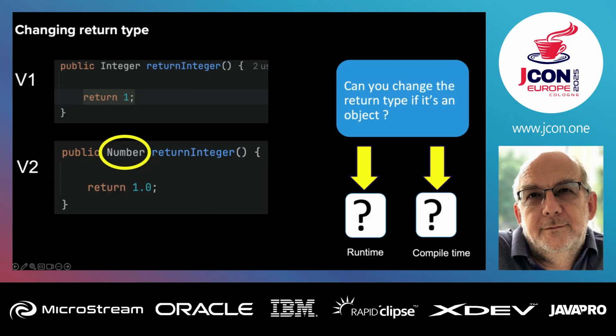Another one. How about if I have a method that returns an Integer object, and then I have a new version and I've made it return the superclass of Integer, Number? Does that fail at runtime or does it fail at compile time? Normally when I do this, nobody commits. So what happens?